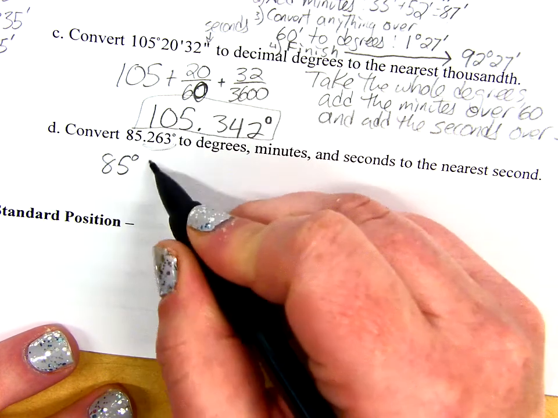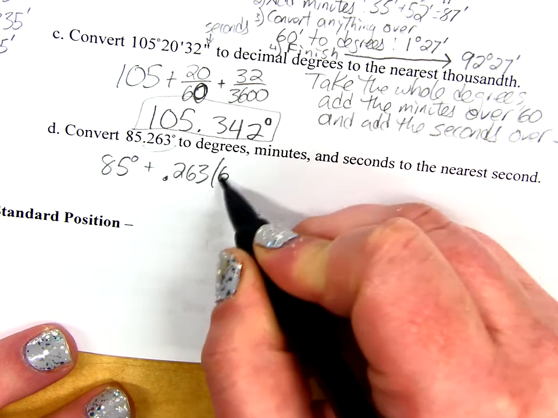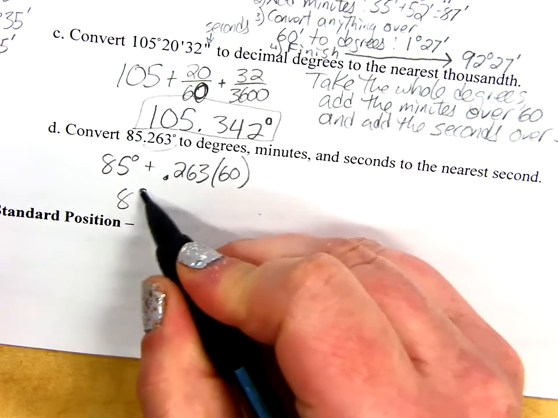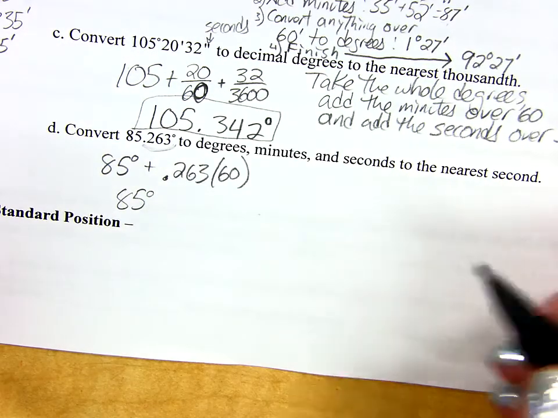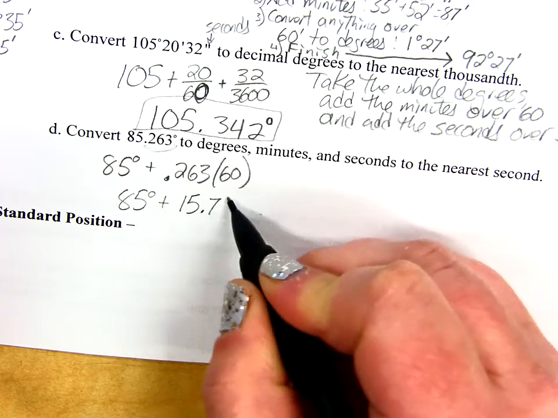So we're going to add to that the decimal, 0.263 times 60. So let's see what that even gets us. 0.263 times 60. We get another decimal. So now I have 85 degrees, and the decimal that comes out is 15.78.